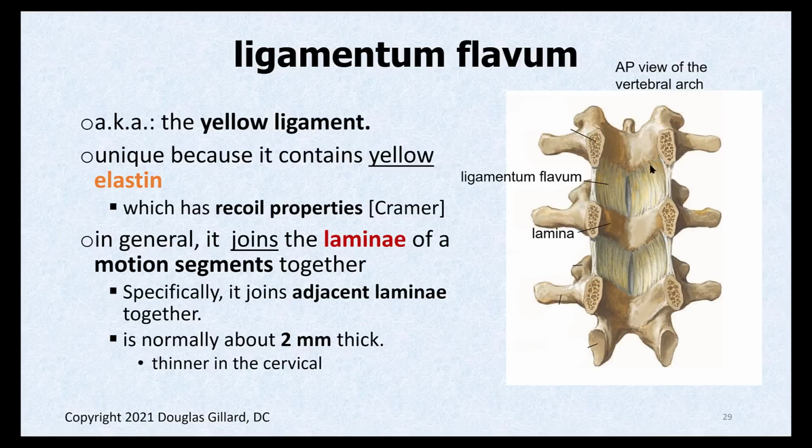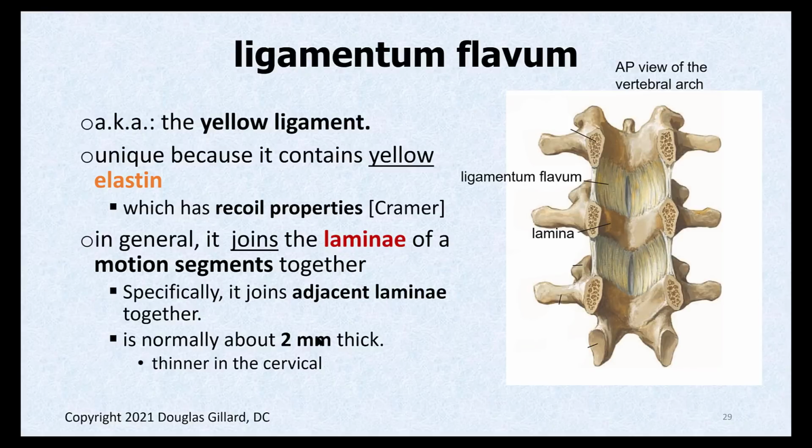It hooks the adjacent, well, you tell me, what part of the bone is this, here and here? Lamina, right? I'm not used to looking at it from the inside out, but that's the lamina. That's the roof of the vertebral canal. So it holds these lamina together. It basically holds the back of your spine together, and it forms the roof of this vertebral canal.